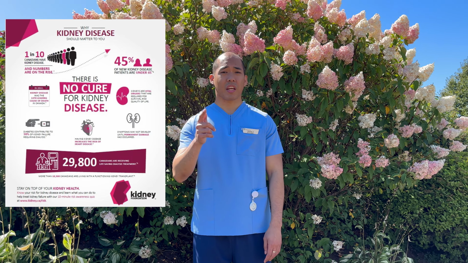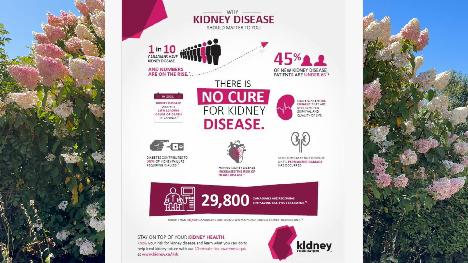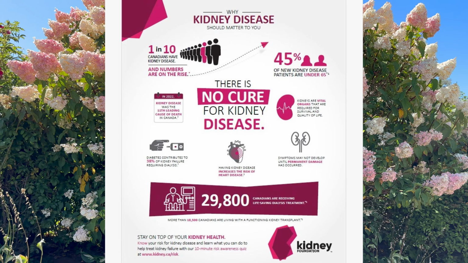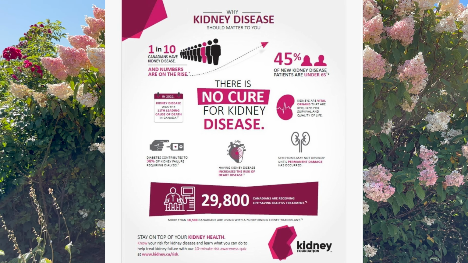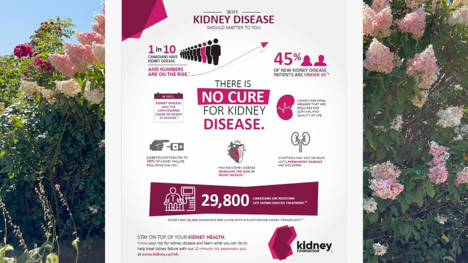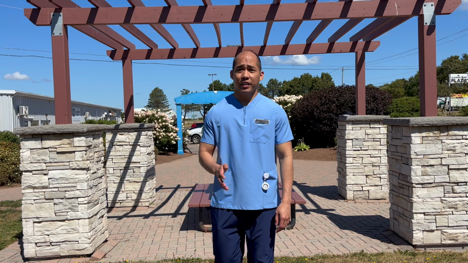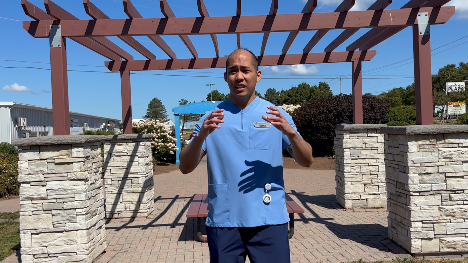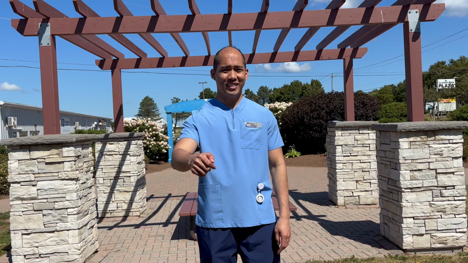Kidney disease can increase your risk of heart disease, and diabetes contributes to 38% of kidney failure requiring dialysis. Kidney disease was the 11th leading cause of death here in Canada. Kidneys are vital organs required for survival and for improving quality of life, so you need to protect them, eat healthy, and love yourself.